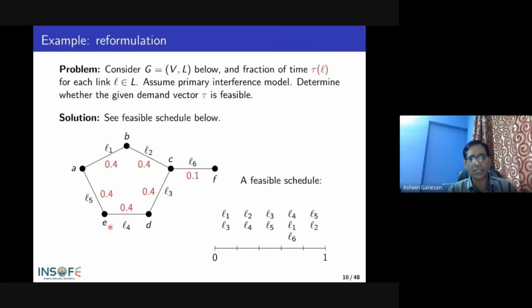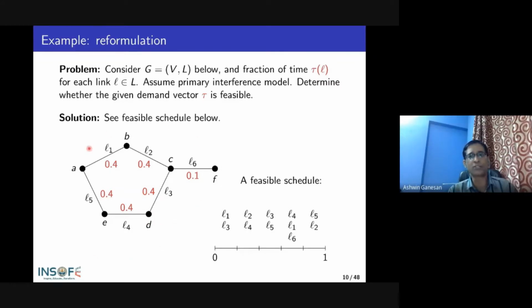So here's a new simplified version of the problem where we got rid of the constant c. And that fraction 0.4 is tau of L1. So tau of L for every link L is the fraction of every unit of time that link L demands to be active. So the input for your algorithmic problem is this edge-weighted graph.